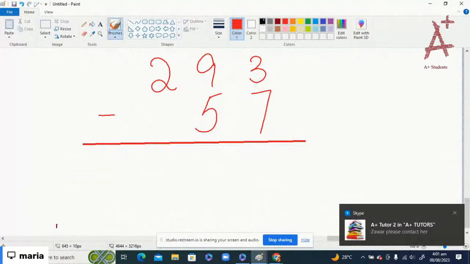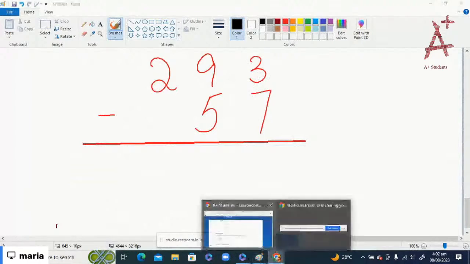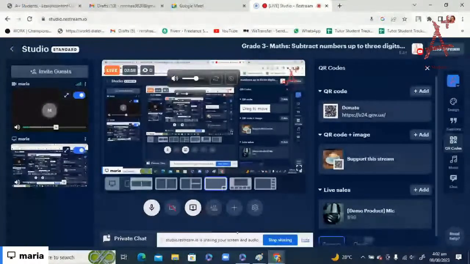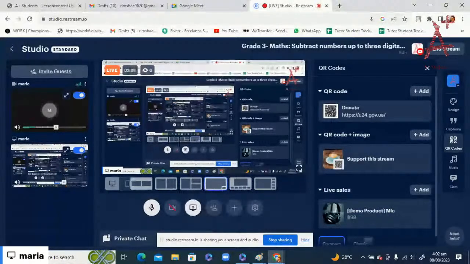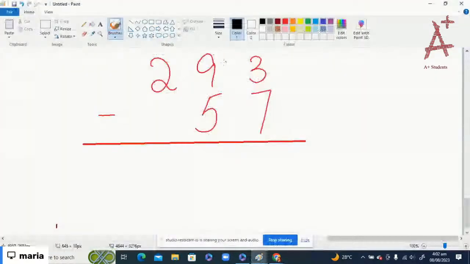So you guys can tell me, is it possible to subtract 3 out of 7? Is it possible to subtract 3-digit numbers from 2-digit numbers? So what do we do for that question?